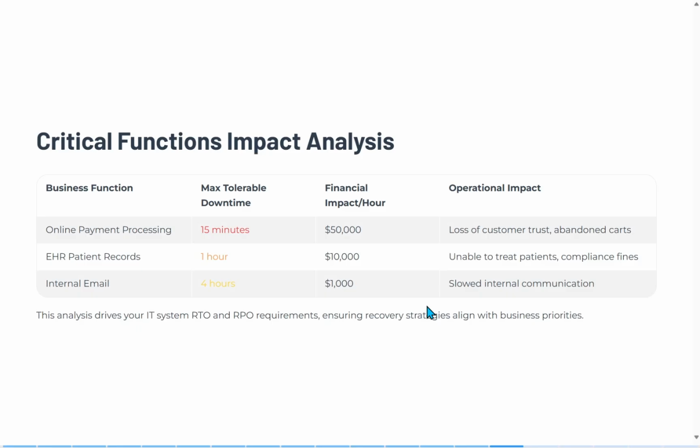So when it comes to online processing payment, the maximum tolerable downtime is 15 minutes. Take for instance, in your website now, a client wants to purchase goods from your website.